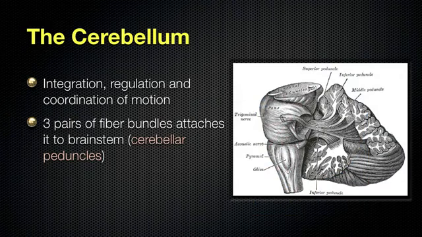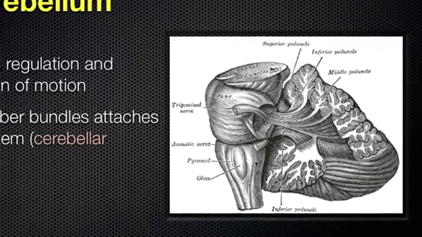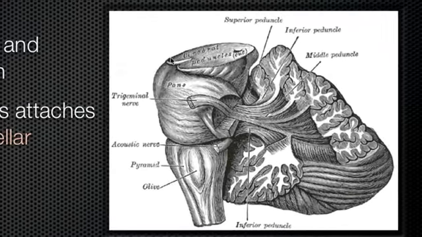Now, here's a different picture of the cerebellum. It's a drawing of the cerebellum from Gray's Anatomy. And here you can see we have the brain stem. Of course, at the top, we're going to have the midbrain, and then the pons and the medulla. What I want to emphasize here is that we have three pairs of fiber bundles that are attaching the cerebellum to the brainstem. Those fibers are called the cerebellar peduncles.